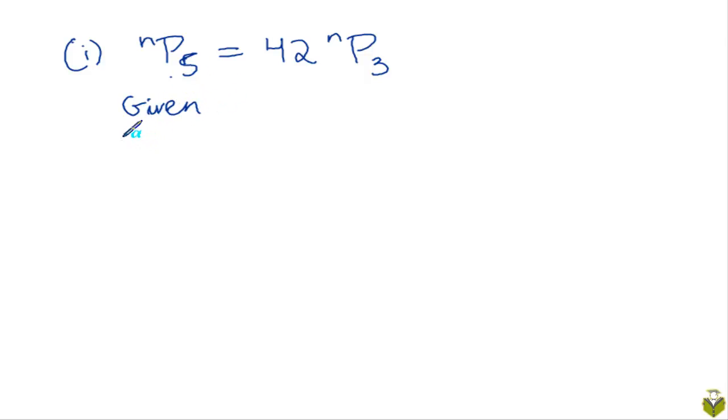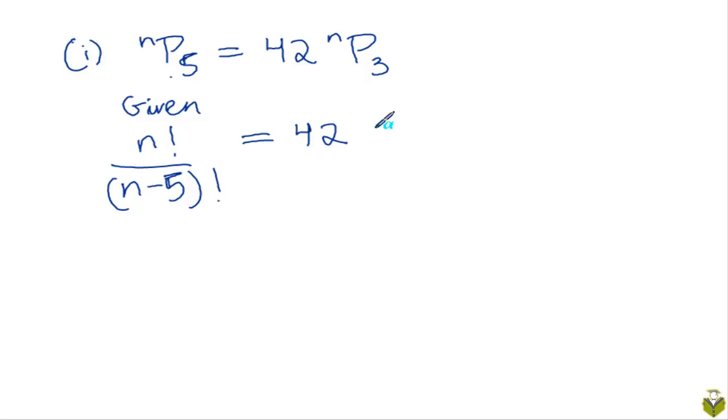Given that, I will use the factorial notation. What is nP5? It is n factorial divided by (n minus 5) factorial, right? You should just get familiar with how to write this formula more and more, and then you will be very comfortable with it. So this side is 42 times n factorial divided by (n minus 3) factorial, right?